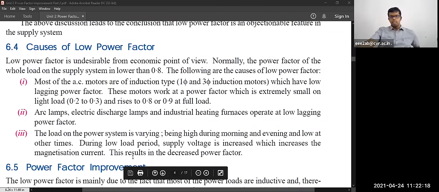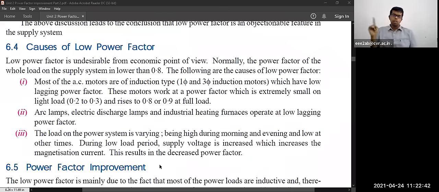This results in decreased power factor. During the low load period also, the supply voltage is increased, which increases the magnetization current. So this results in decreased power factor. Normally there will be some average load in your particular area.